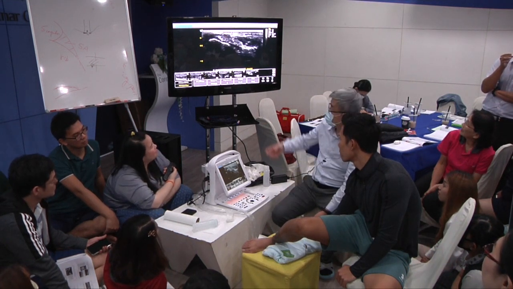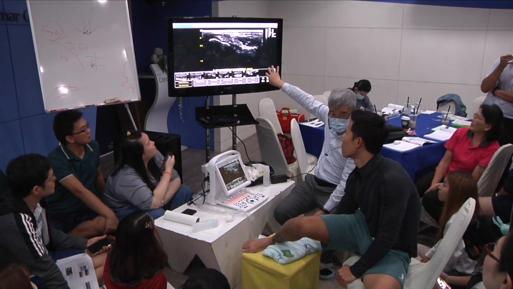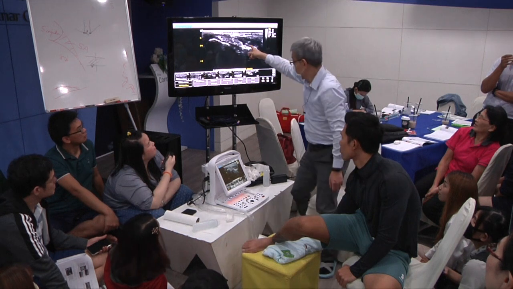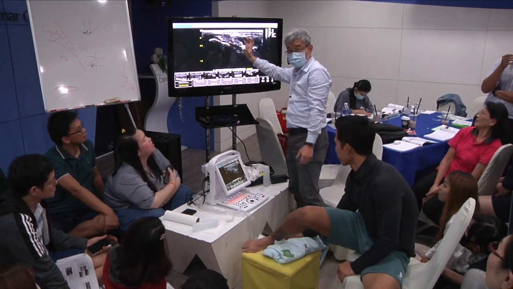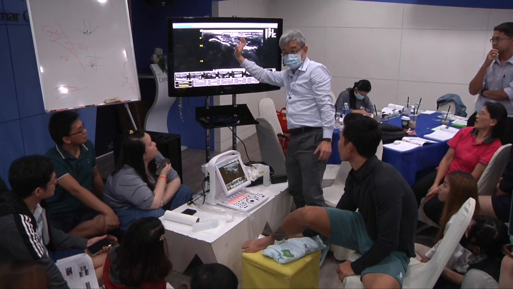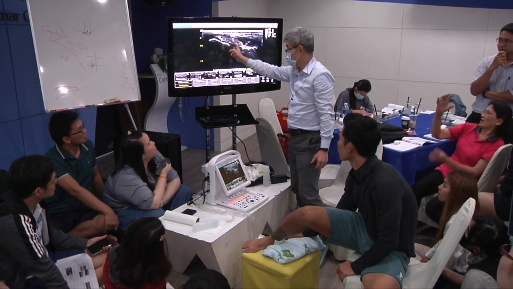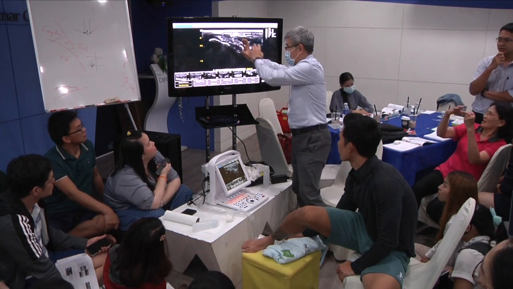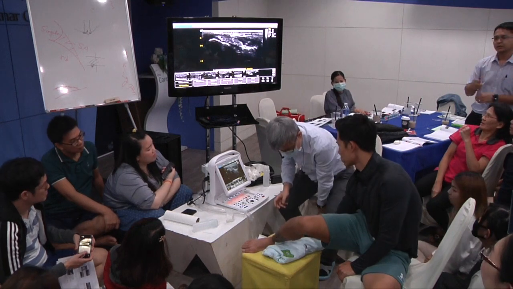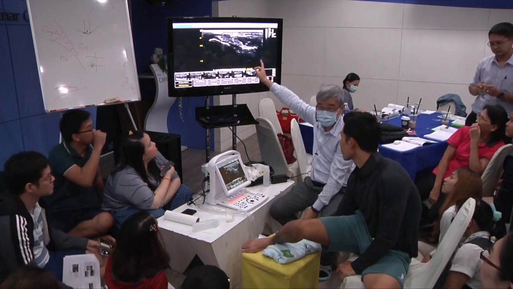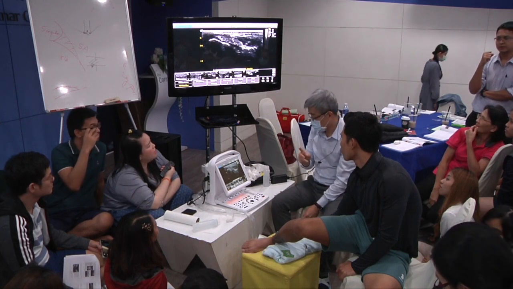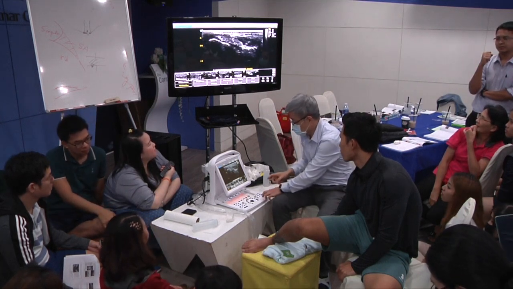Longus is the front, brevis is the back. Close to the malleolus, the longus and brevis become a new moon shape. When you find the longus and brevis, you know you are very close to the PTFL. Good.